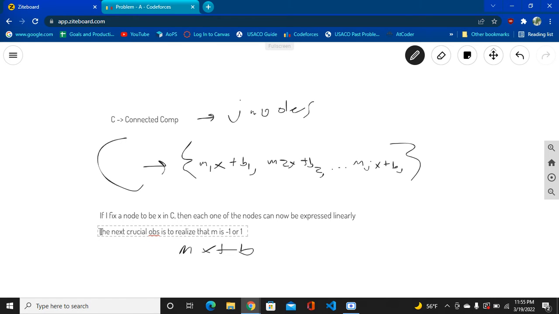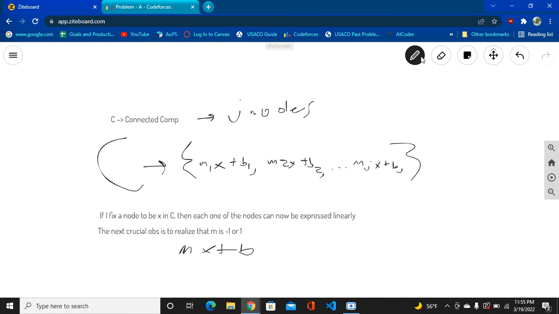The reason for this is very obvious. If I just fix one node to be x in the connected component C, it literally does not matter which node you choose in your code, by the way.